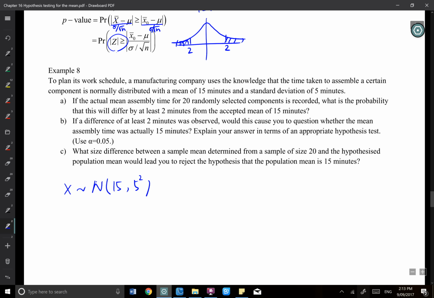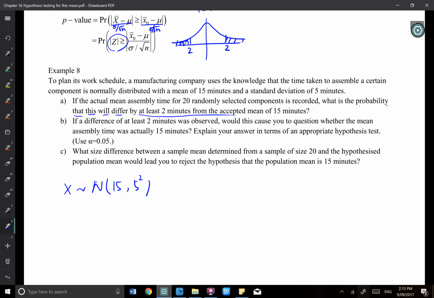If the actual mean assembly time for 20 randomly selected components is recorded, what is the probability that this will differ by at least 2 minutes from the acceptable mean of 15 minutes?